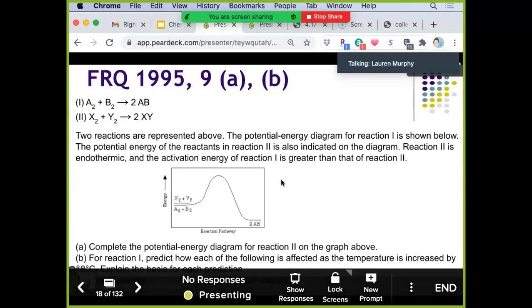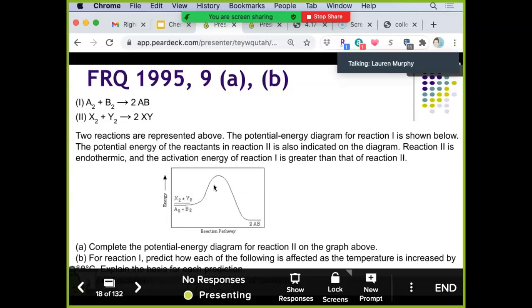So we have this practice FRQ from a long, long time ago. It says the two reactions are represented above. These are obviously not real chemicals. These are just generic letters. And they show you a potential energy diagram complete for reaction 1, this one right here. And they tell you that they start reaction 2 on here.